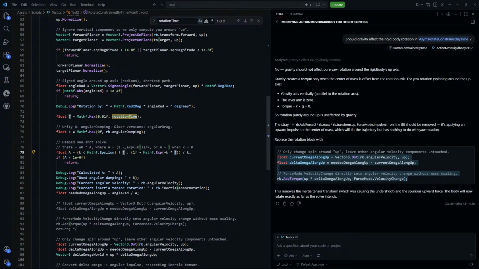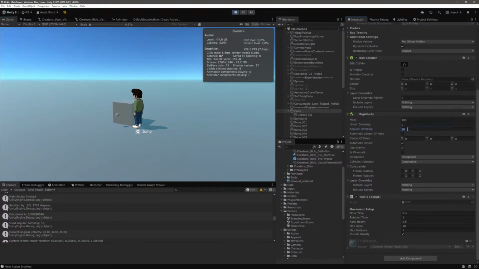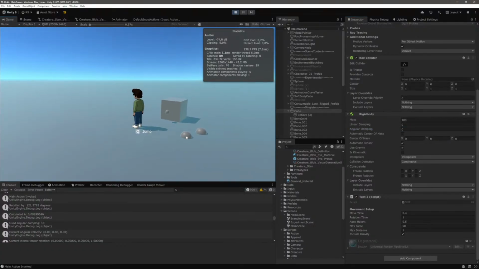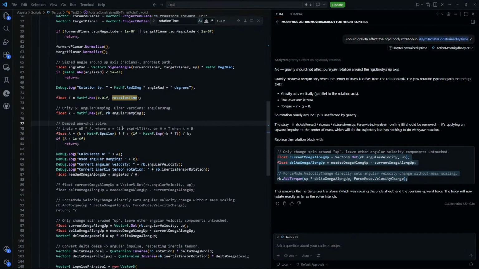Okay, let me see what happens if we do... Let's skip angular damping right now. So we put 0 here. So the rotation time, which means that this one will be t, which would be 1 right now, I think.